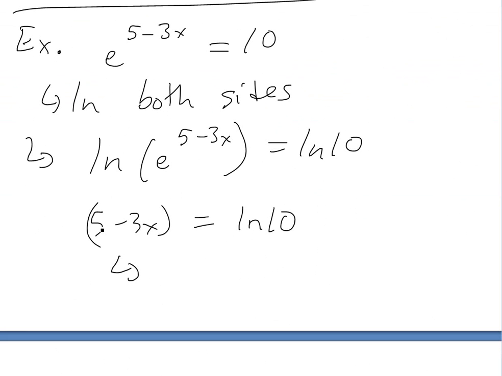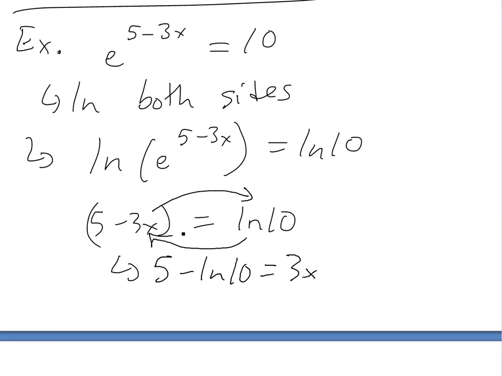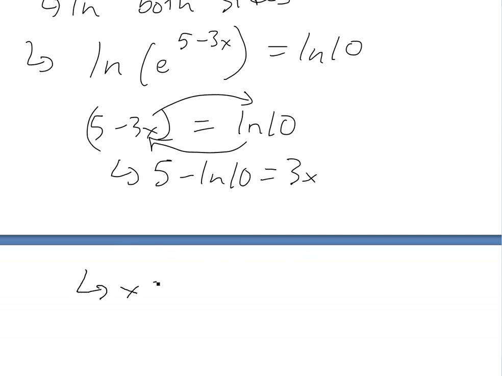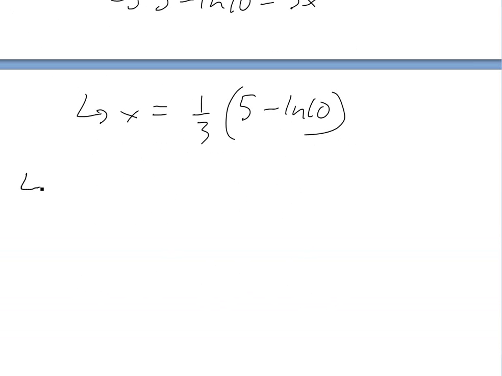We'll have 5, bring this here: 5 minus ln 10 equals 3x. I just moved this there because it was negative. So basically x equals 1 over 3 times (5 minus ln 10).